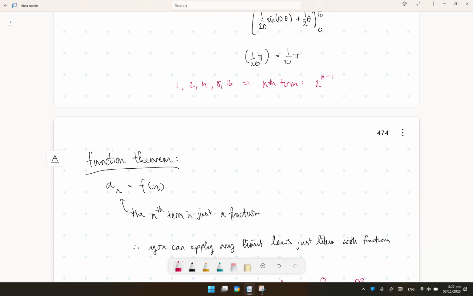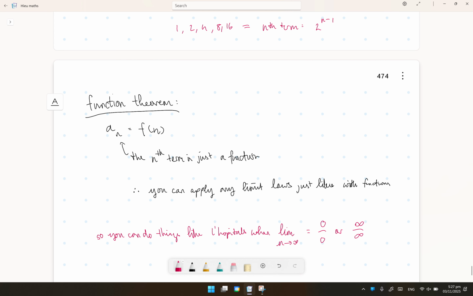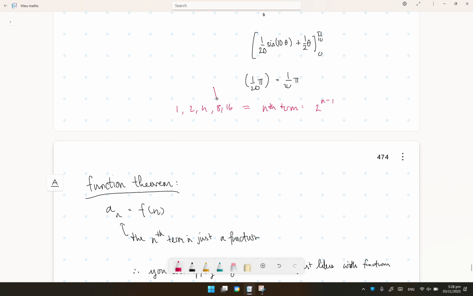The second term, 2 minus 1 is 1, 2 to the 1 is 2, and so on. So in the function theorem, the nth term is just a function. Any term here, like 8, is the fourth term, and a4 is just equal to 2 to the 4 minus 1. That's just a function.